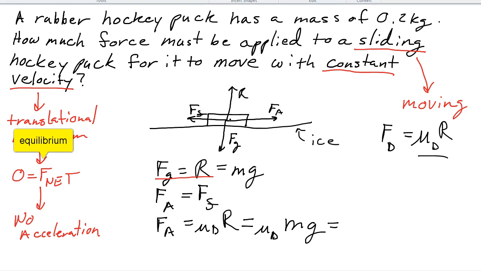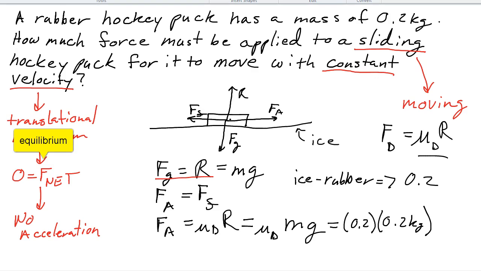My coefficient of dynamic friction for ice and rubber is 0.2. So I can say 0.2 times a mass of 0.2 kilograms times acceleration of gravity, 9.8 meters per second squared.